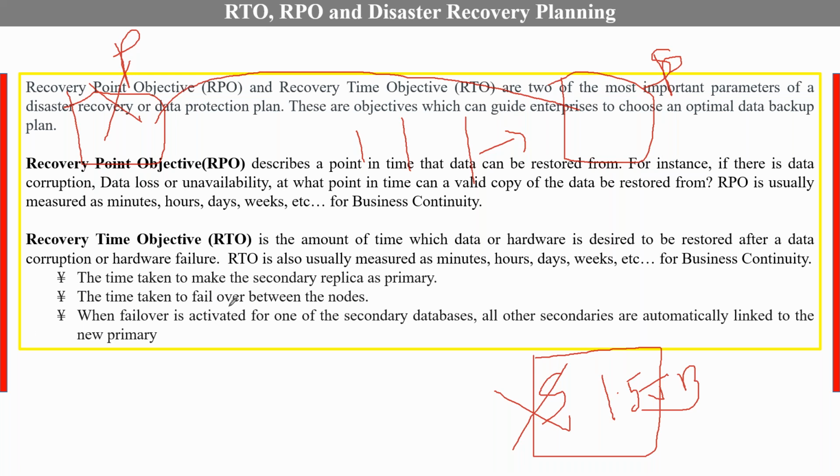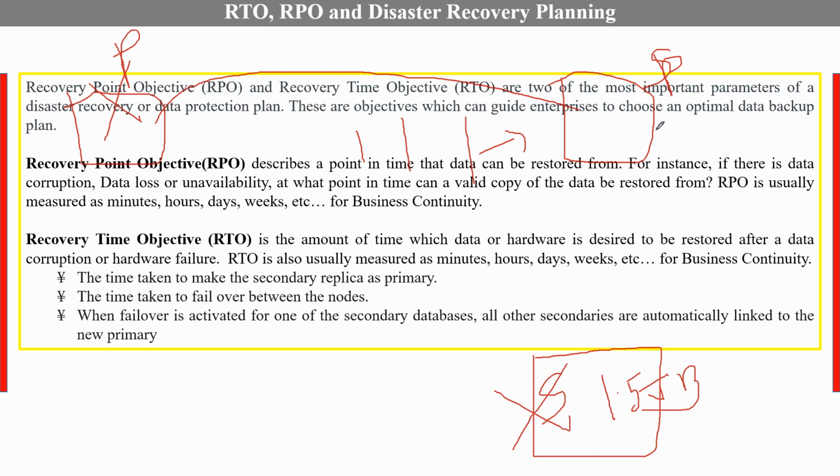The time taken to fail over between the nodes, if something happened to this node, you need to consider all this. Because that is the main concern in your application, right? How soon can you bring my application online if something goes wrong?